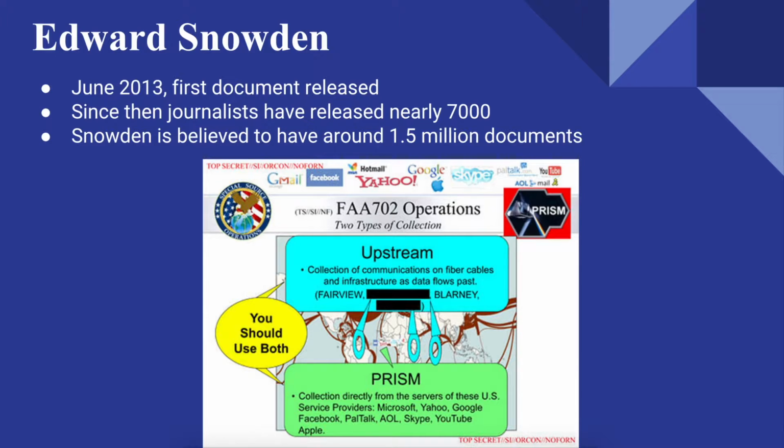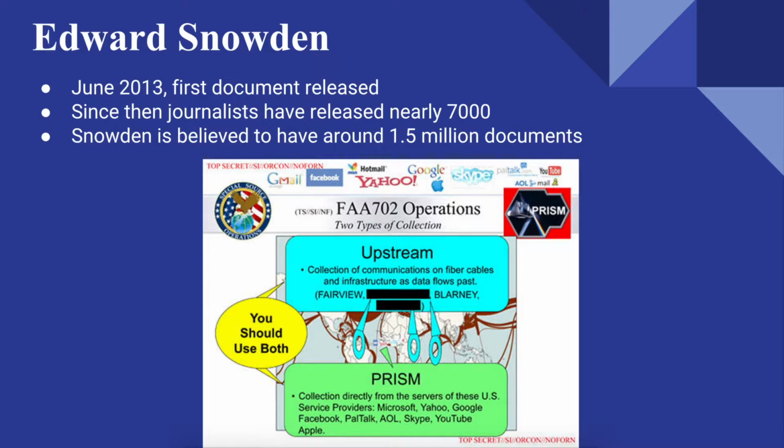The most important news that came out of these documents was the program called PRISM, and this slide is one of the slides that he released. Basically, PRISM is the way that the U.S. government mass surveils the U.S. public.